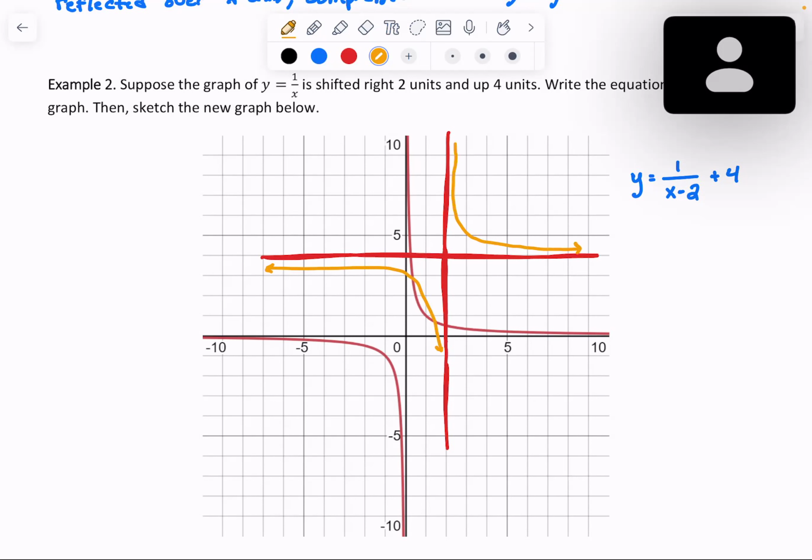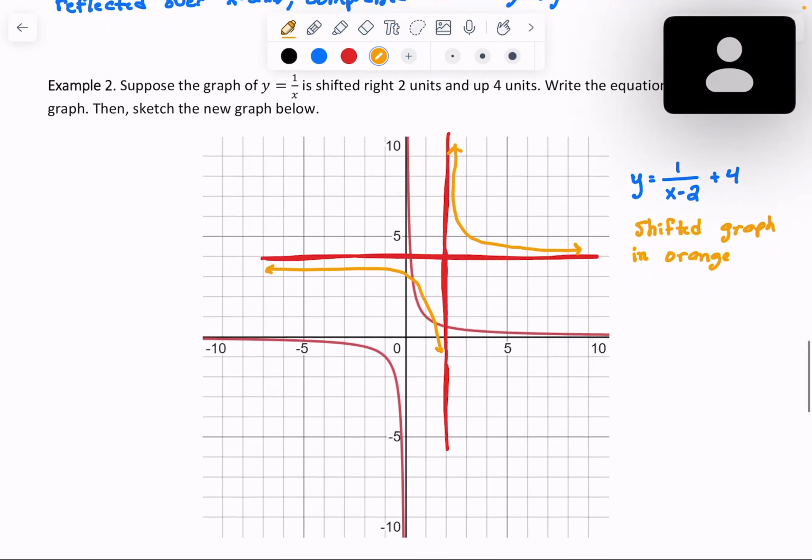It looks something like that. But that is the new function when you shift it. So the orange graph is the shifted graph. Is everyone okay with that second example there?